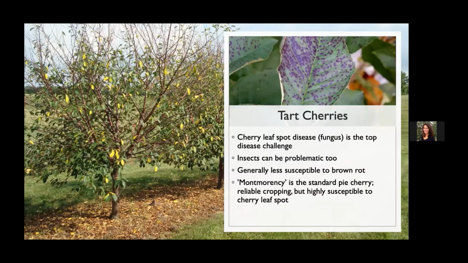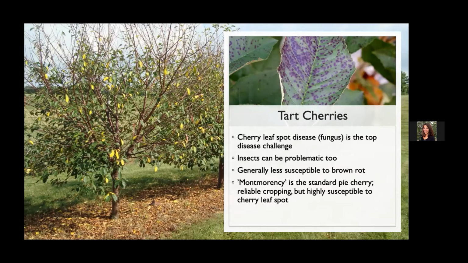So they are highly susceptible to this disease here that you see in a close-up called cherry leaf spot. It's a fungal pathogen that causes these little lesions on the leaf, and then ultimately that leaf will turn yellow and defoliate. And this can happen too early in the season, which results in that tree not being able to store enough carbohydrates to give it good winter hardiness.